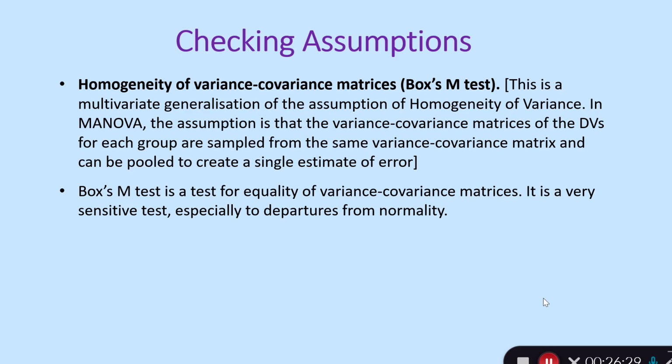There are issues with this test though. It's a very sensitive test, especially to departures from multivariate normality. It can give us erroneous results. If you don't have multivariate normality, and as I said before, that's difficult to know, and you use Box's M test to test for homogeneity of variance-covariance matrices, you will probably get an incorrect result.